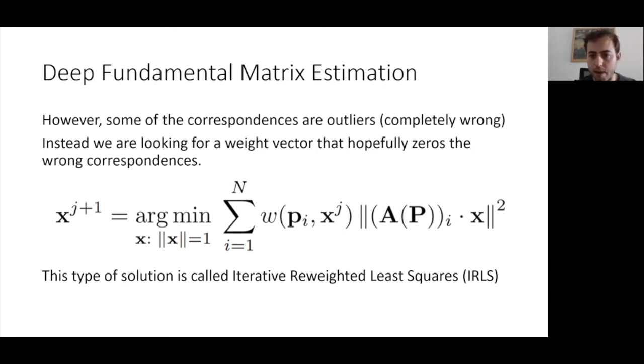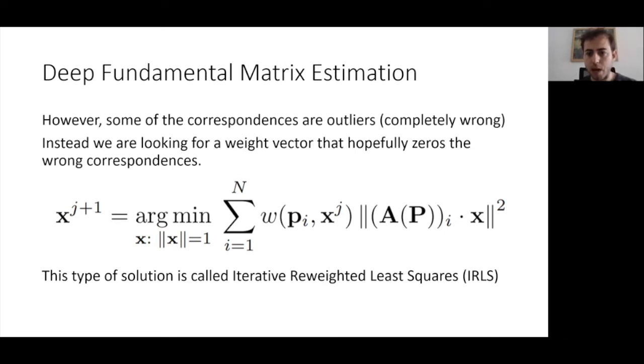Suppose that we have an estimation for the fundamental matrix, here it's represented by x. Then we can weight each correspondence according to its consistency with the fundamental matrix. If it's not consistent, we weight it low. If it's consistent, we weight it with a high coefficient. Then we calculate the new estimation for the fundamental matrix, and then we reweight the points and again compute the fundamental matrix and so on. So hopefully over time we will get a more accurate fundamental matrix and more accurate weights.